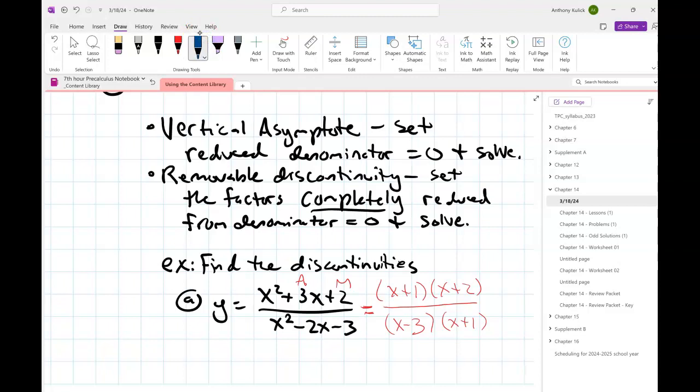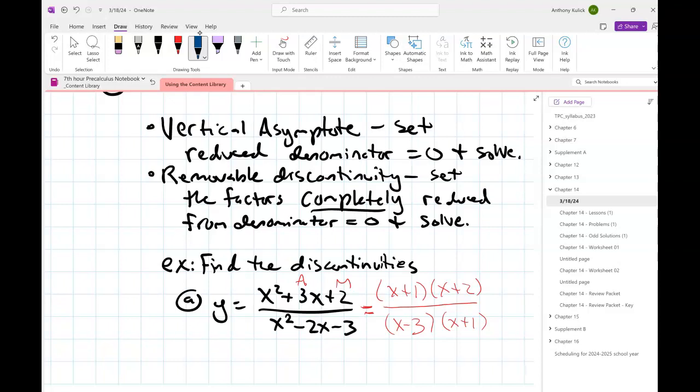What do you notice when you look at the factored form? If we FOIL, we're back to where we started. Look at the factors.